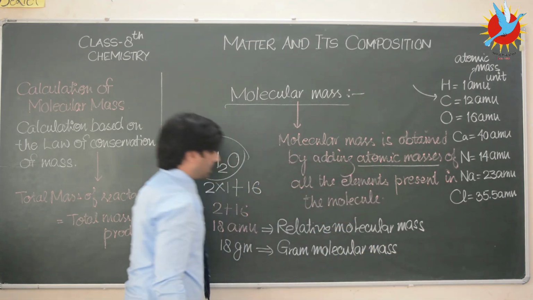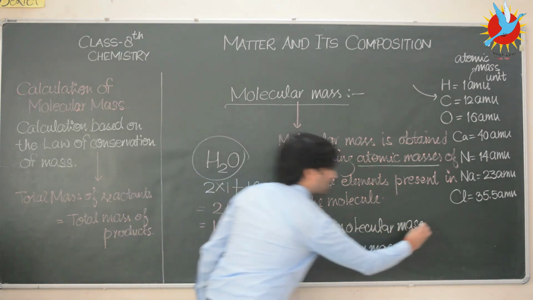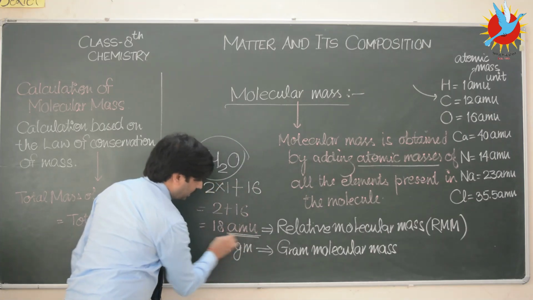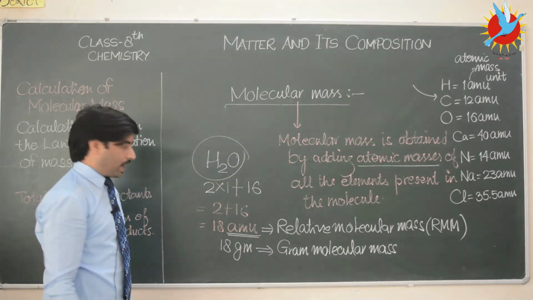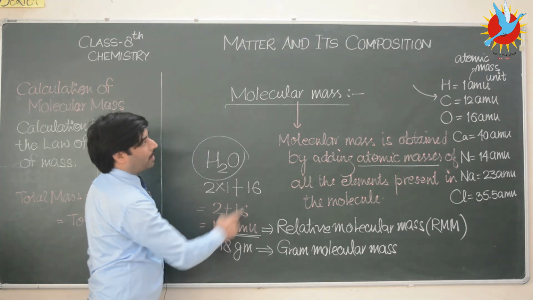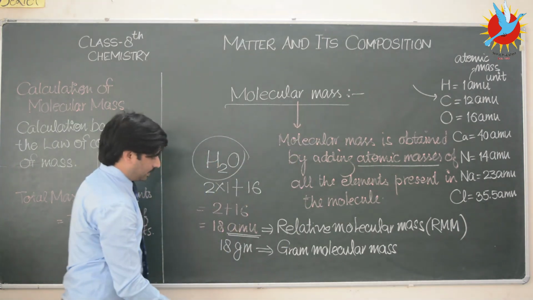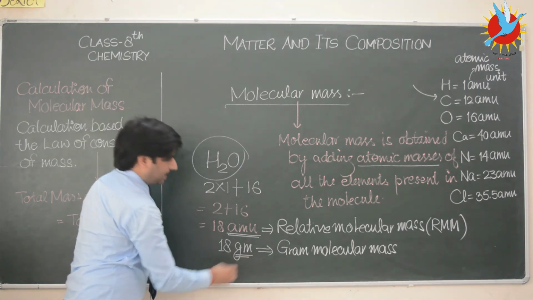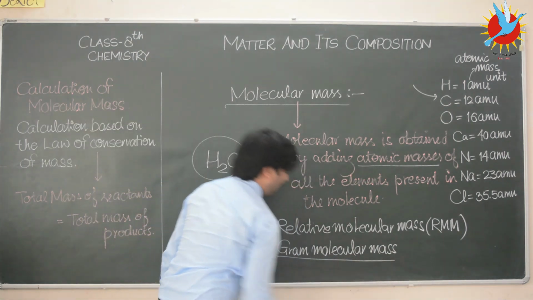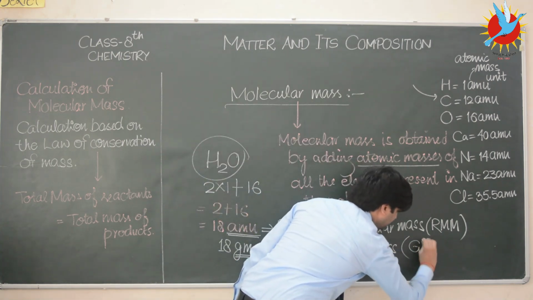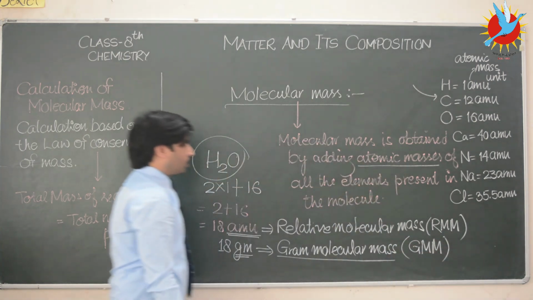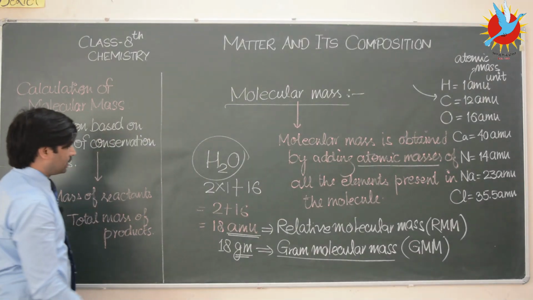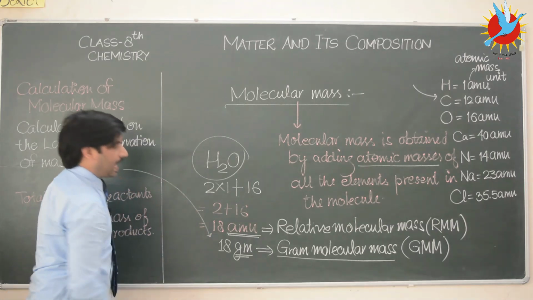One is relative molecular mass, which is written in AMU, the full form of AMU being atomic mass unit. If we write the molecular mass in gram, then that is known as gram molecular mass or GMM. During the calculation based on the law of conservation of mass, we have to use the gram molecular masses.